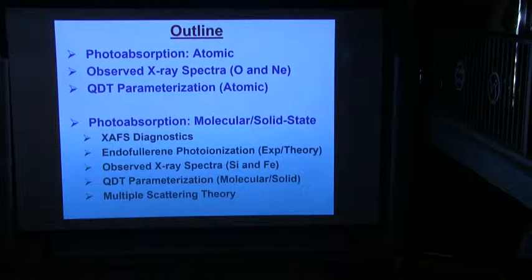Oscillatory structure due to the interference between the multiple centers that I'll talk about with X-ray absorption fine structure considerations, a digression on some work we've done in photoabsorption of endofullerene systems, and likewise, just as with the atomic, I'll look at some spectra there showing solid state features, and at the very end discuss multiple scattering theory a bit, which is, again, work in progress.